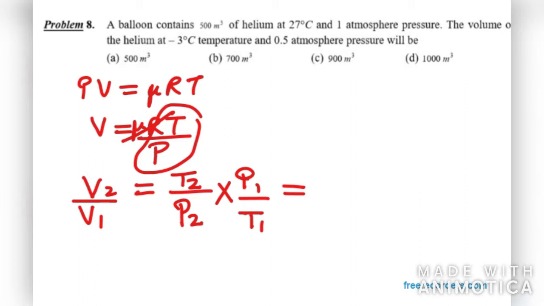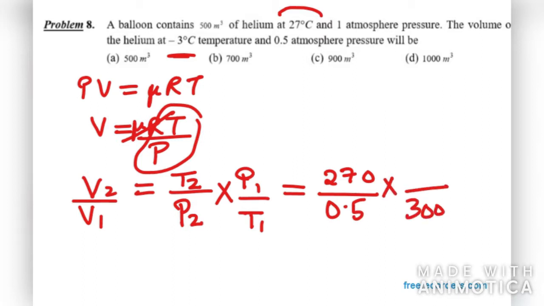The T2 in this case is the new one, not 27 degrees Celsius. It will be -3 degrees Celsius because we need to take the new one. Changing -3 degrees Celsius to Kelvin, it will be 270. Then P2 in this case is 0.5, and T1 in this case is 300, and the atmosphere pressure P1 is 1.